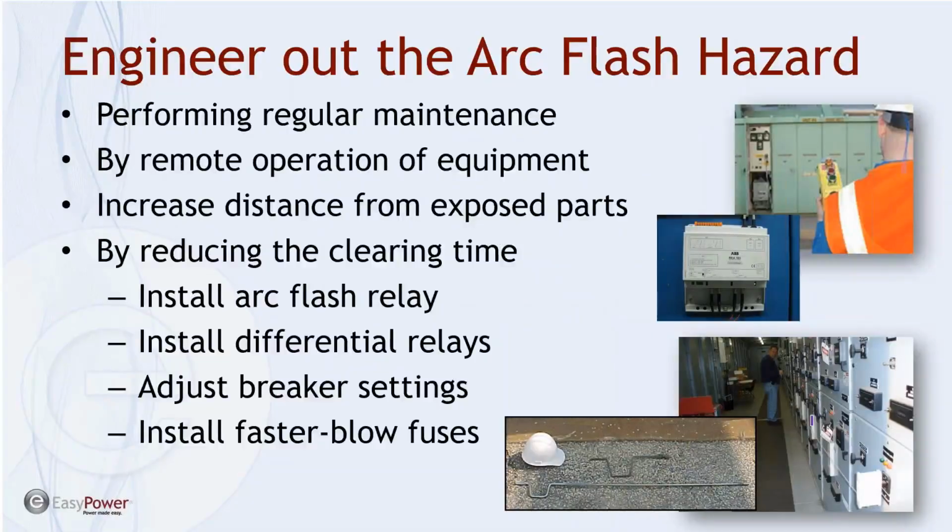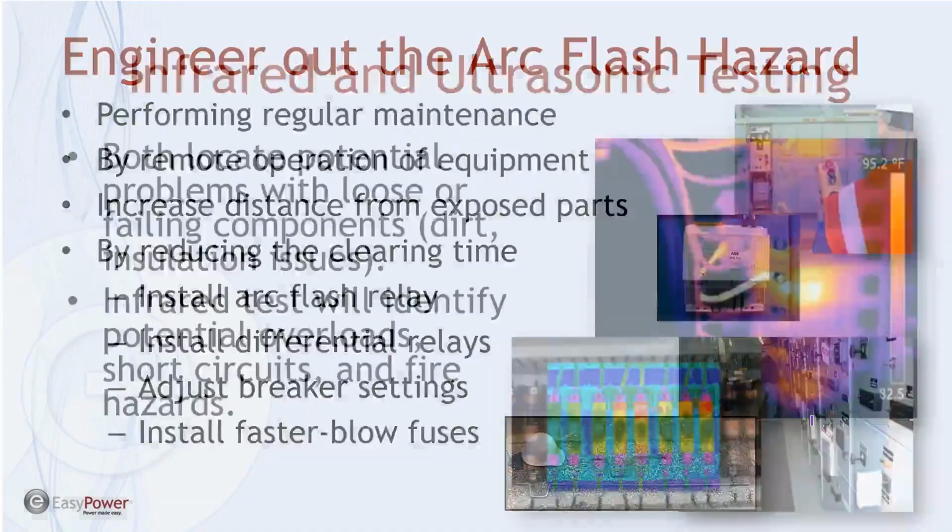You can reduce the clearing time by installing arc flash relays, which won't mess up the coordination because they are based on the flash. Install differential relays that work similar to a GFCI and take the power out very quickly. Adjust breaker settings, maybe with a temporary maintenance setting, or maybe you can still coordinate it and then bring the settings down. You can also use faster blowing fuses, or install fuses versus having breakers.